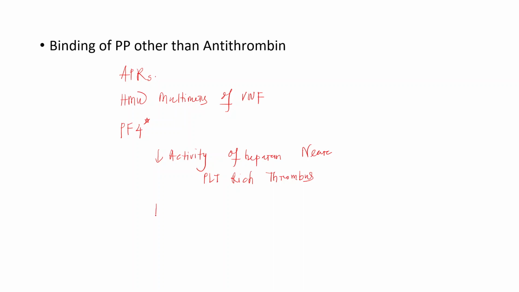And also we'll be studying about heparin induced thrombocytopenia. Here also it is important that this binding of platelet factor 4 to heparin actually initiates the process of heparin induced thrombocytopenia. So these are two clinically important points that you have to remember: because of higher affinity for platelet factor 4, there is decreased activity of heparin near the platelet rich thrombus, and there is also a risk of heparin induced thrombocytopenia.